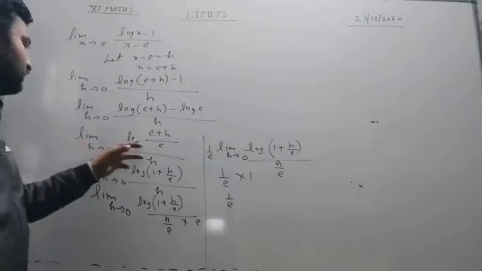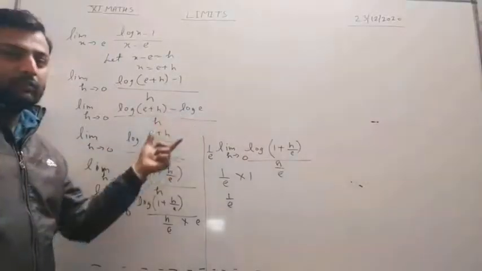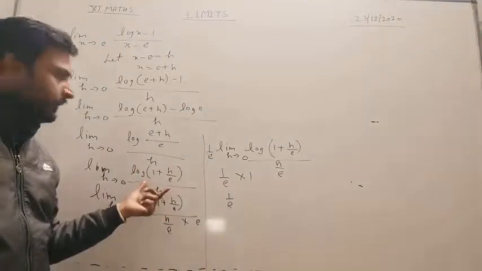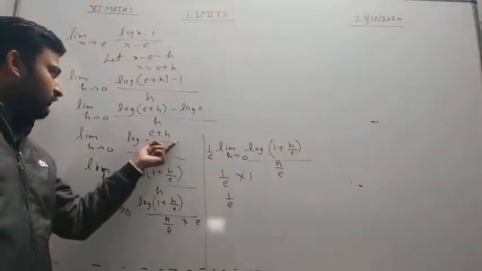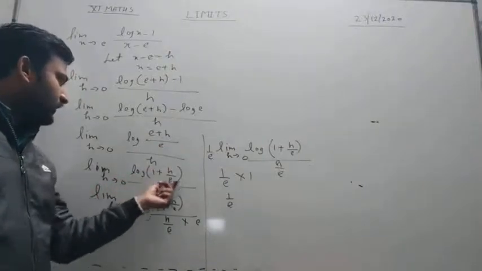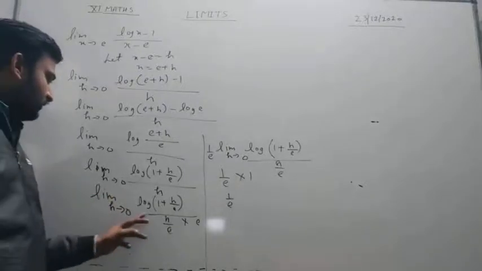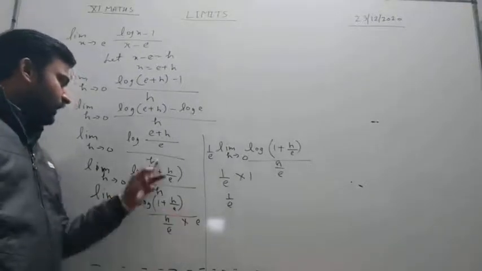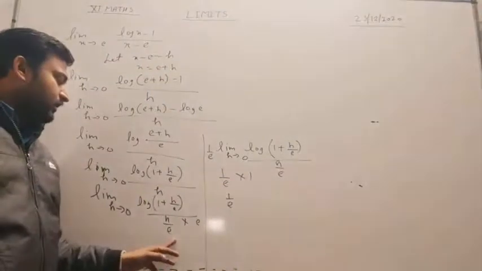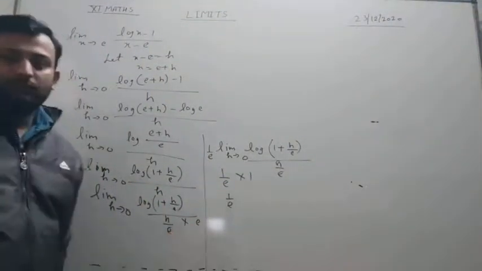So the limit as h tends to 0 of log(e + h) minus log e, using log m minus log n equals log m by n, so here we are writing log((e + h)/e) by h. Limit h tends to 0 of log(1 + h/e) by h, and this h we can write as (h/e) into e. So this term will be equal to 1 and this is 1 by e.